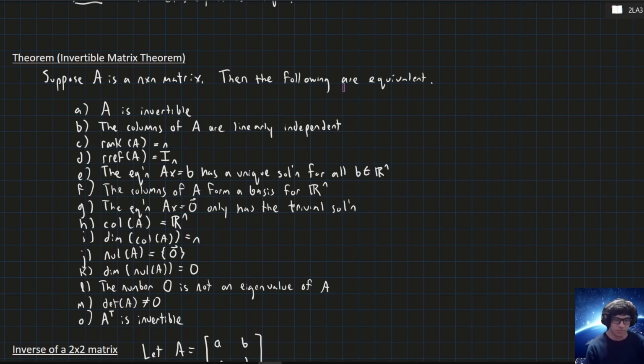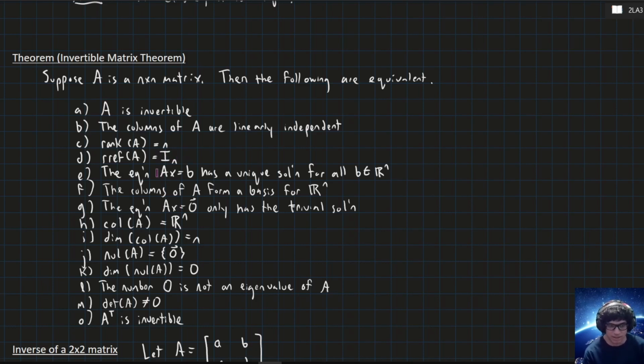Okay, so here are some nice properties that we've encountered before. We want the columns of A to be linearly independent. We want the rank of A to be n. We want the reduced row echelon form of A to be the identity.